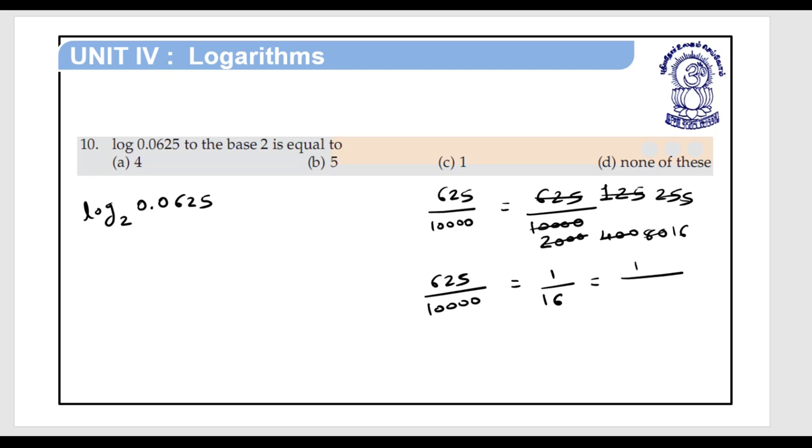So write 16 in the form of 2: 2 2s are 4, 2 4s are 8, 2 8s are 16. So 1 upon 2 raised to 4.